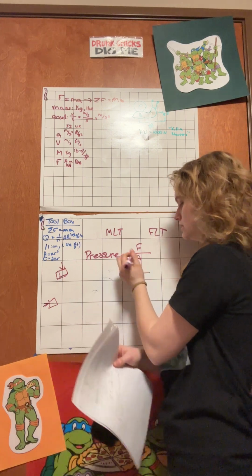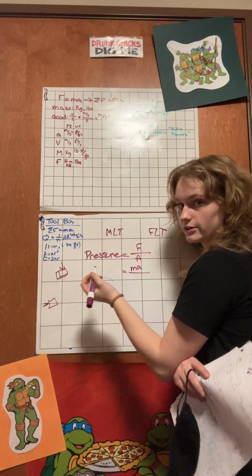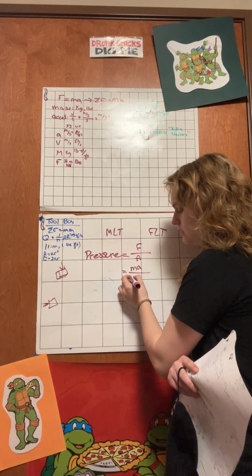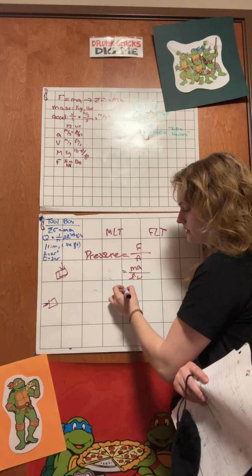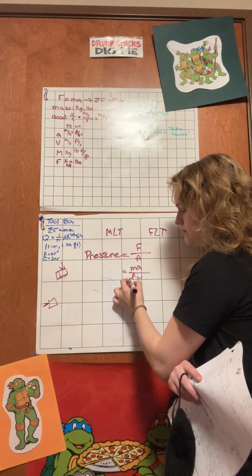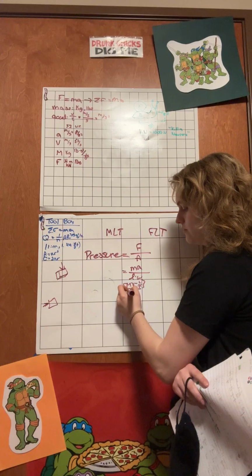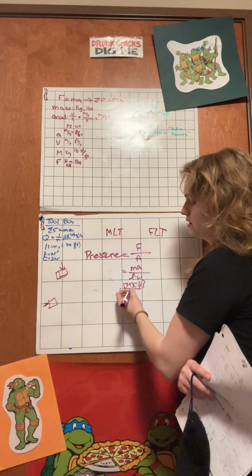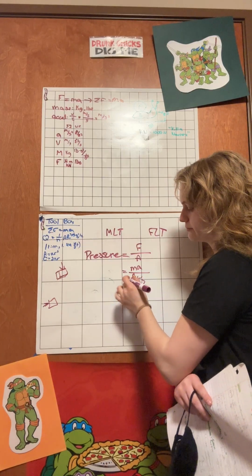So it's force over area. We found that force is equal to mass times acceleration, and area is equal to length times width. Mass times acceleration, MLT squared, over length and width, which are both forms of length. So now 2L, or we could do L squared.